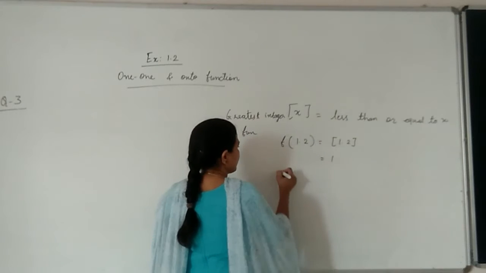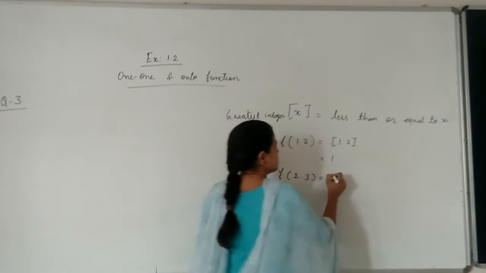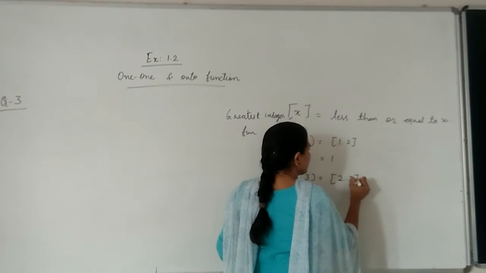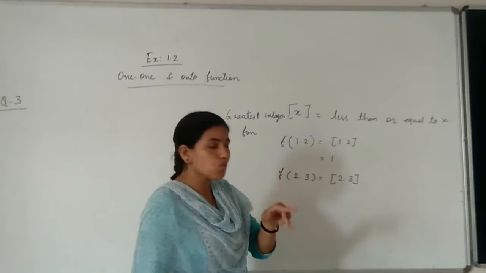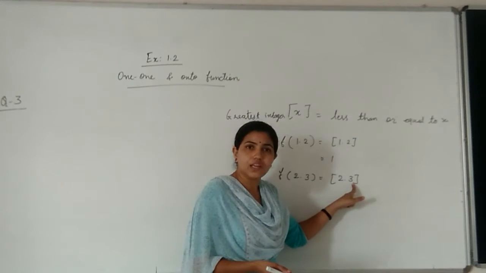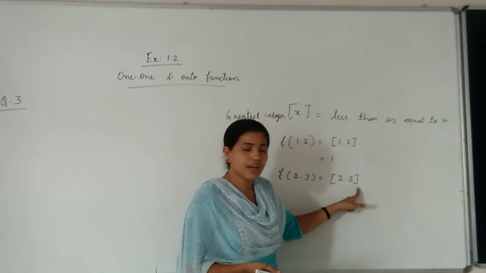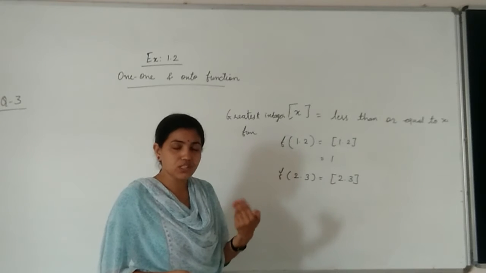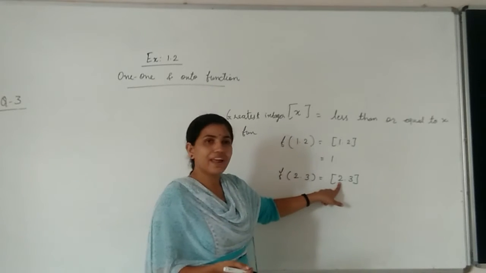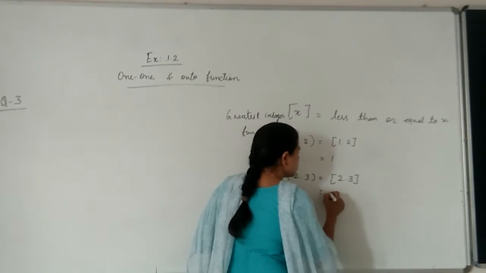If I find f of 2.3, it is the greatest integer of 2.3. That means the integer which is less than or equal to 2.3. It is not equal to 2.3, as that is not an integer. So we have to consider the integer just before 2.3, that is 2.